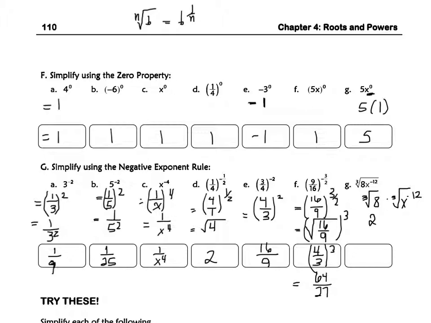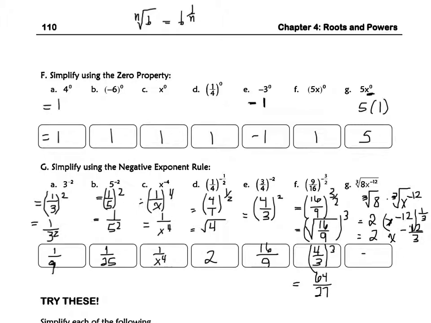And then the cube root of x to the negative 12, I would probably go back and write that as x to the negative 12 all to the 1/3, using your exponent of a third for the cube root. So then that would equal 2x to the negative 12 over 3, which is going to be negative 4.